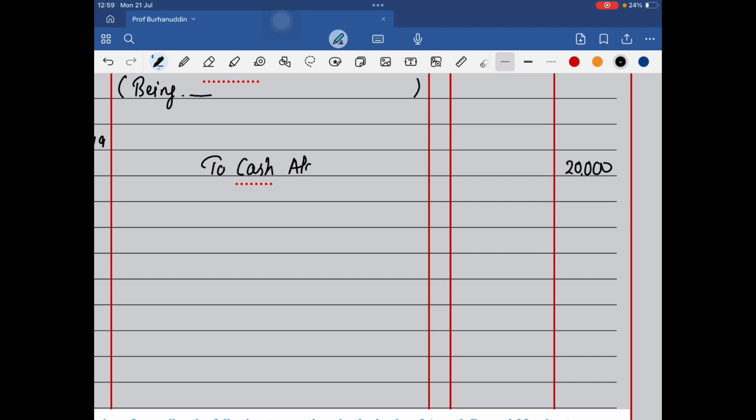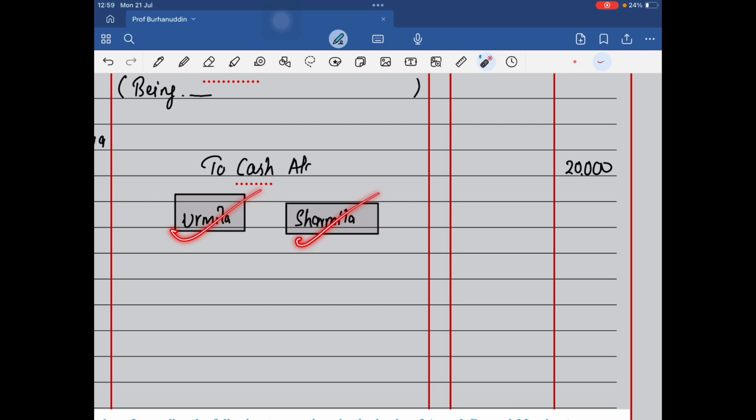Now my question is, I have to debit one item, and I know either it will be Urmila or it is going to be Sharmila. Either of these two names. Do you understand that? Yes or no? But now the question arises that this or this.